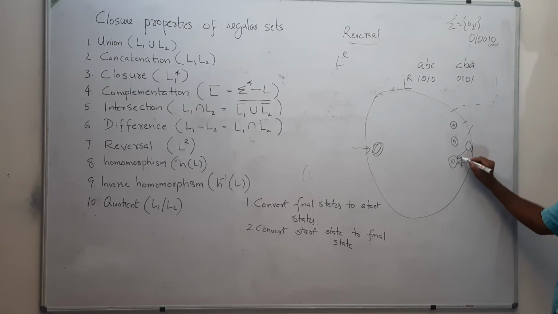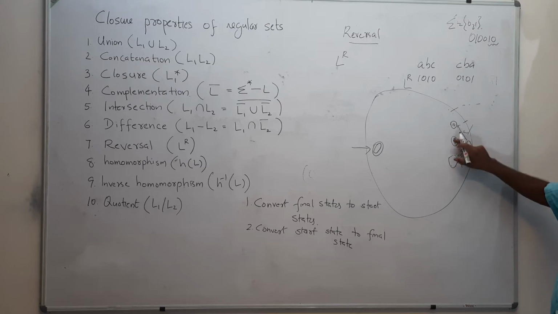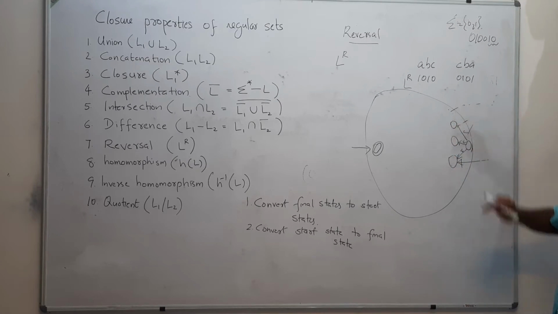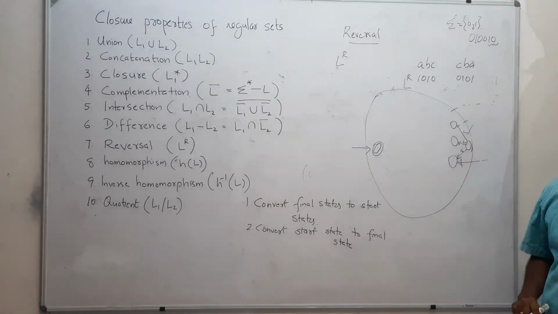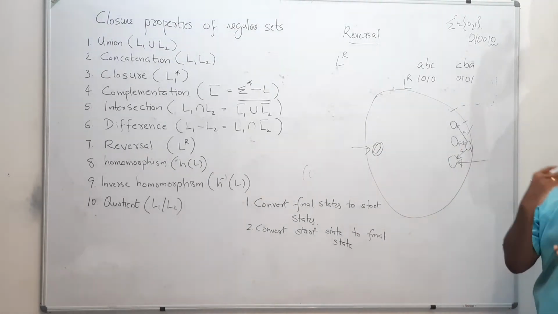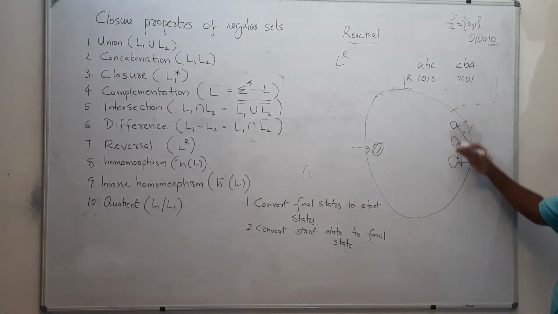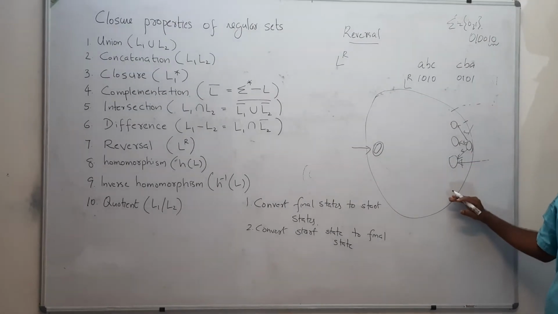Then you have to create epsilon transitions to the new start states and make all of them non-final. So for the original L, we have only a single start state, and suppose that we have more than one final state.